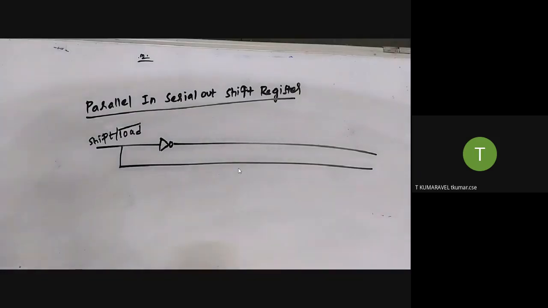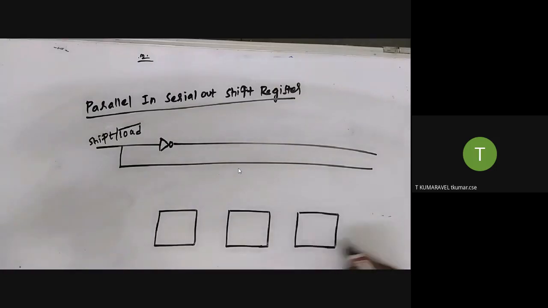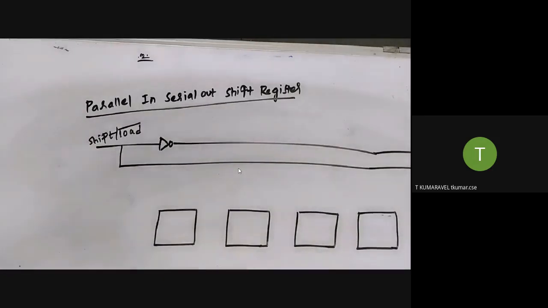This is a 4-bit register, so it is associated with 4 flip flops. Each one accepts the input and produces the output: D2, Q2, D1, Q1, D0, Q0.